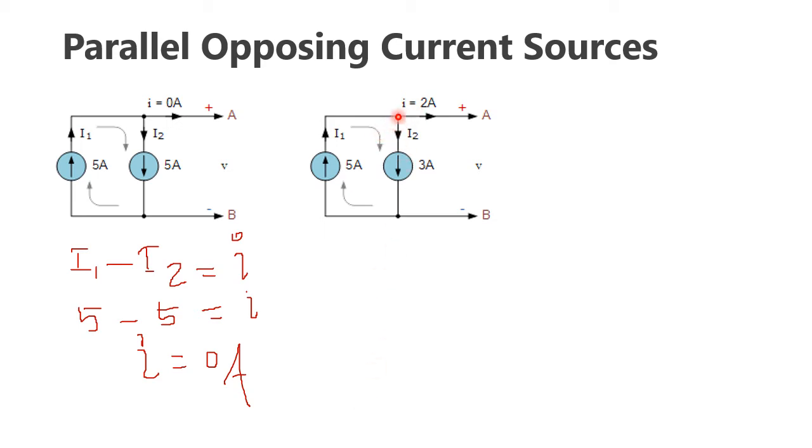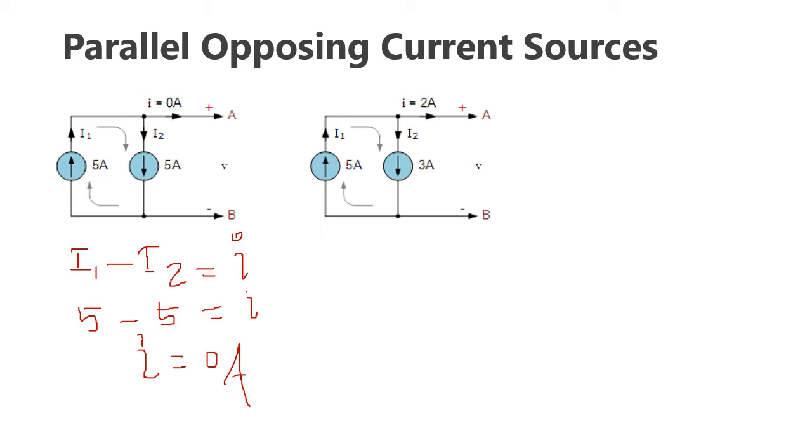For this node there are three terminals. From this path I1 is coming towards the node, from this path I2 is leaving the node, and the resultant current I is also leaving the node.